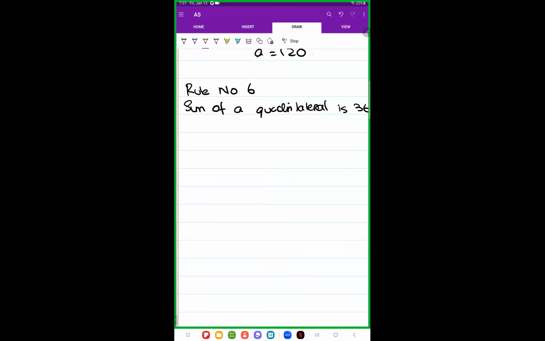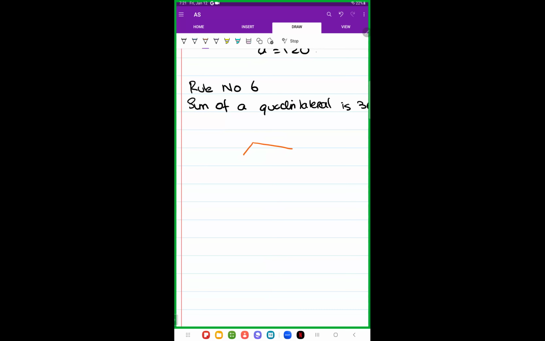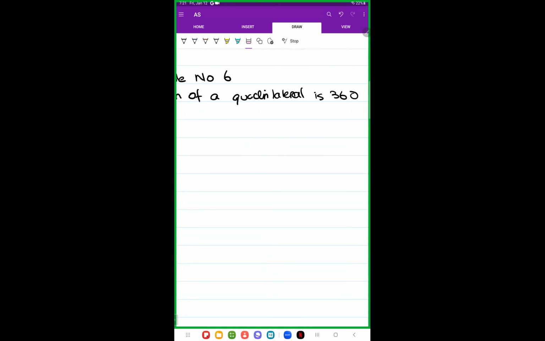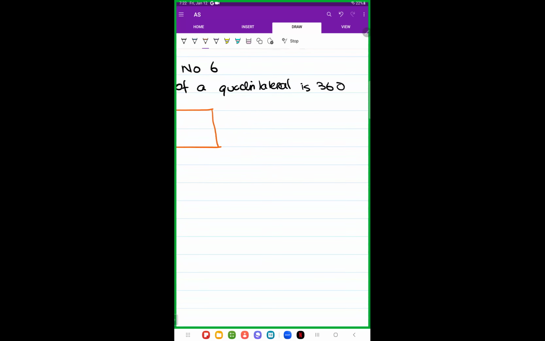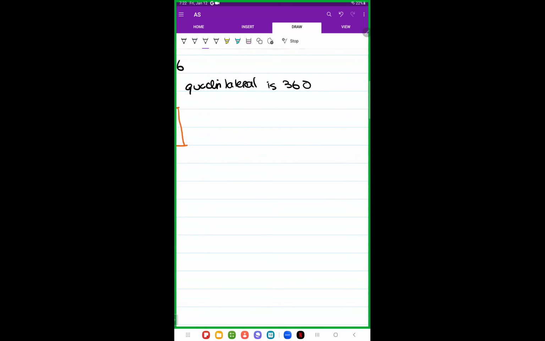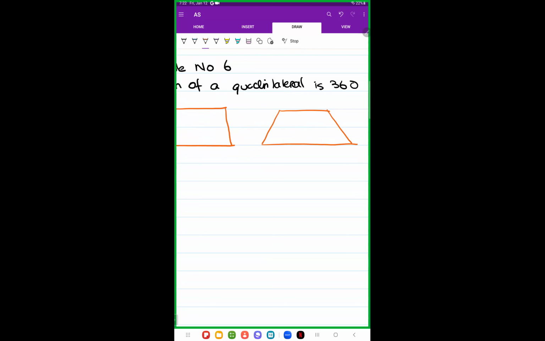It's a shape with four sides. So any shape they can give you, the sum of the angles would be 360. A quadrilateral can be any shape with four sides. It can be a square, a rectangle, a trapezium, any shape. The definition is just that it has to have four sides. So what it says is that the angles will be equal to 360.